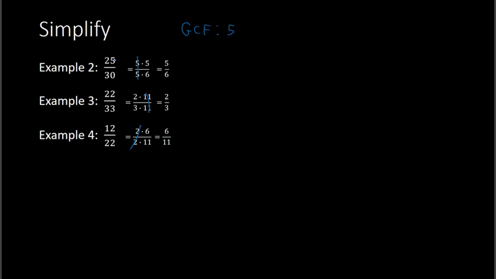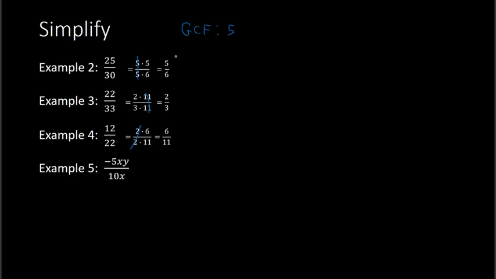So I can divide 25 by 5 to get 5, and divide 30 by 5 to get 6. So that's a quicker way of doing that. Instead of breaking it apart, you can just find the greatest common factor and divide top and bottom by that number. So there's two ways to think of it. Either break it apart and then cancel, or simply find the greatest common factor and then divide by that.